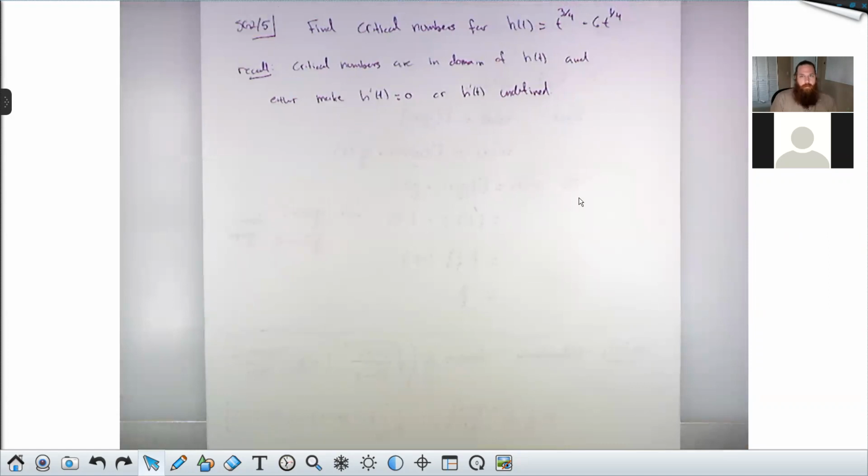The original function here is t to the 3/4 minus 6t to the 1/4. And the 4 downstairs here, remember, is a fourth root.